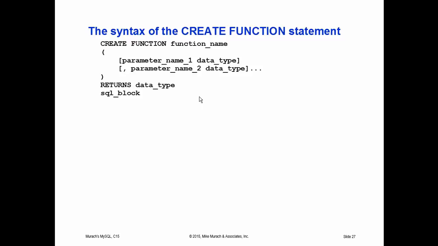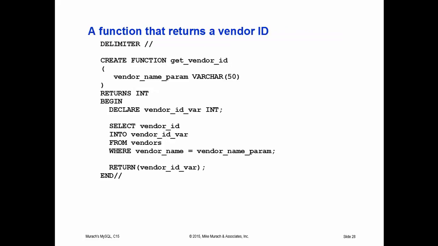If you're constantly writing the same code to do the same kind of thing, and they give some examples, like a function that returns a vendor ID, then you might want to set it up so that rather than constantly putting in the same code, you'd write a function so you can call it on an as-needed basis.